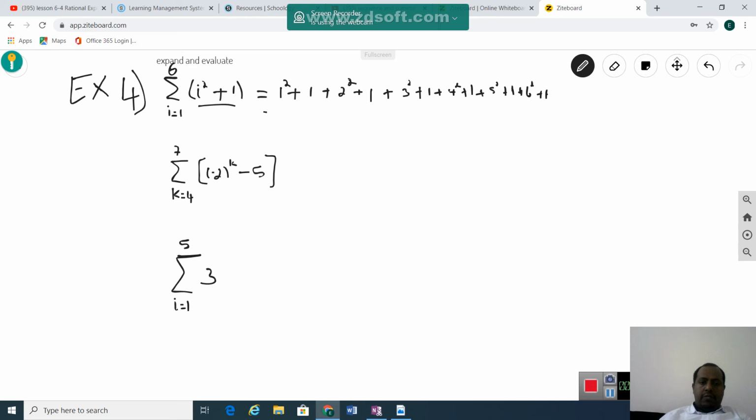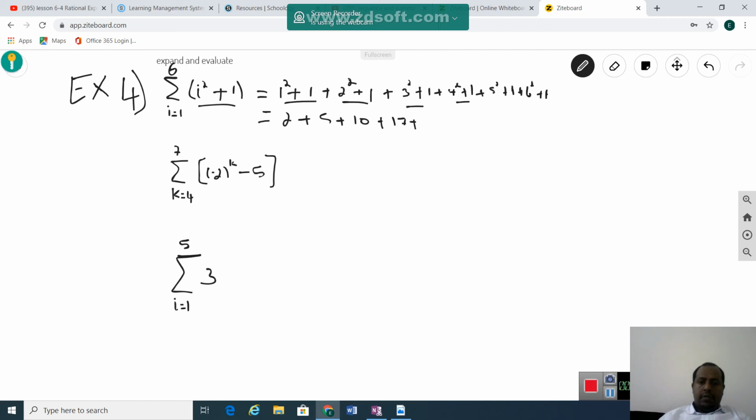So 1 squared is 1, 1 plus 1 will be 2. Plus, 2 squared is 4, 4 plus 1 is 5. Plus, 3 squared is 9, 9 plus 1 is 10. Plus, 4 squared is 16, 16 plus 1 is 17.